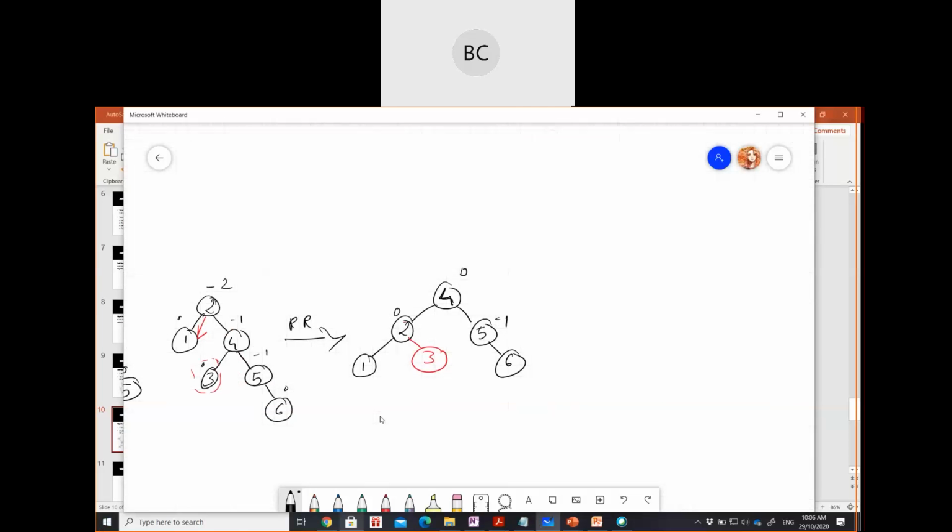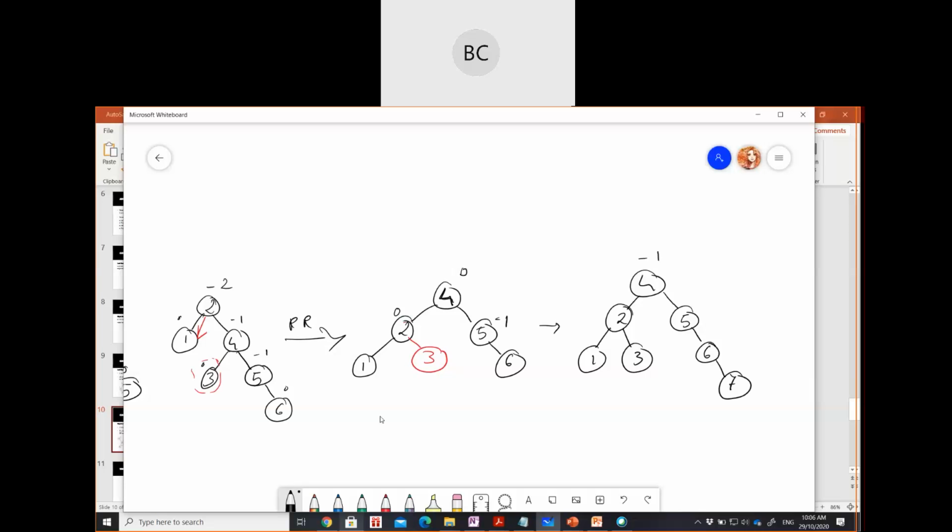Anyway, after that I want to add, suppose, 7. At this point 3 becomes the right child of 2. I'm going to put 7 here. Now you see again the balance factors are 2 and minus 1.